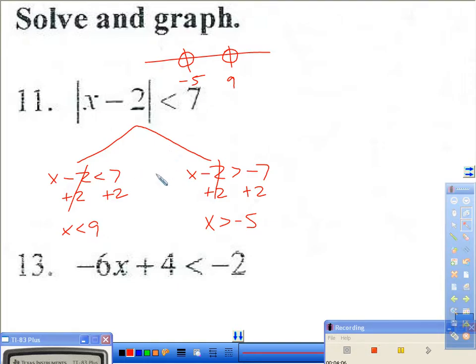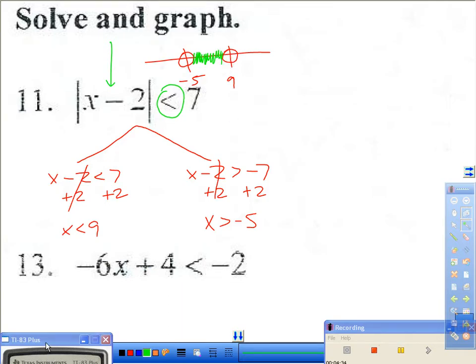One way of remembering that is looking at the inequality symbol at the point where you have the part inside the absolute value bars by itself. Since this says less than, a way I told you to remember that is less than, little, shade in the middle. So I'm going to shade everything between negative 5 and 9.